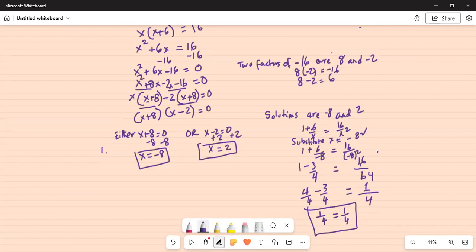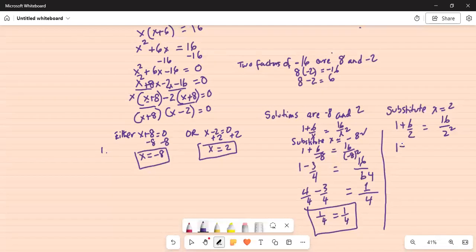Similarly, you can check for x is equal to 2. If I substitute x is equal to 2, you get 1 plus 6 over 2 is equal to 16 divided by 2 squared. 1 plus 6 over 2 is 1 plus 3, equal to 16 divided by 4. 1 plus 3 on the left-hand side is 4. 16 divided by 4 is also 4.